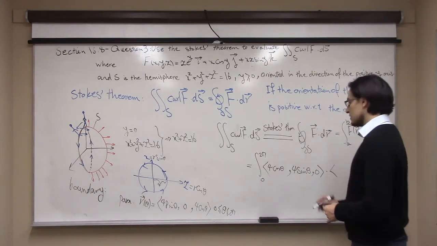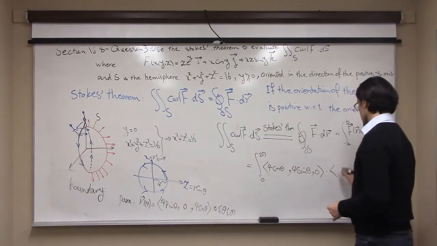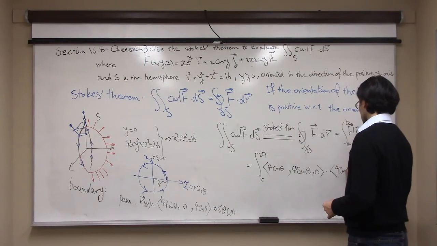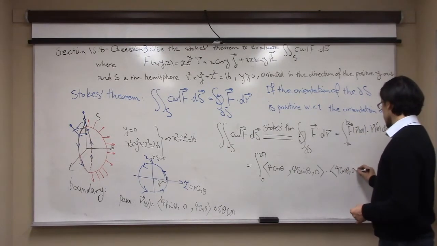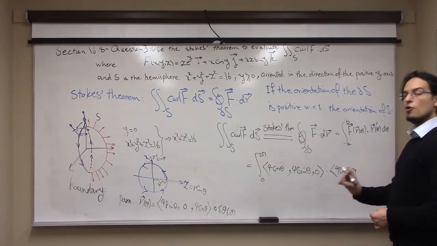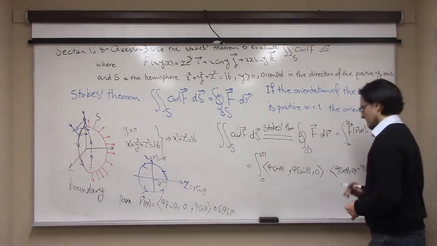Okay, what about the derivative? Derivative of the parameterization. Derivative of sine is cosine, so the first component is 4 cosine theta. Derivative of 0 is 0. Derivative of 4 cosine theta is negative 4 sine theta d theta.